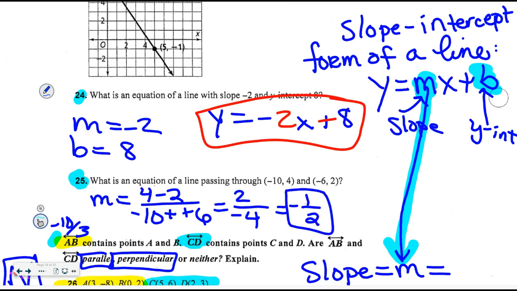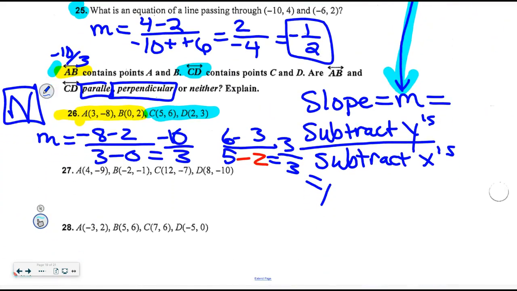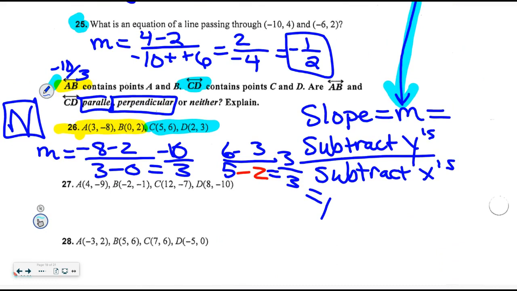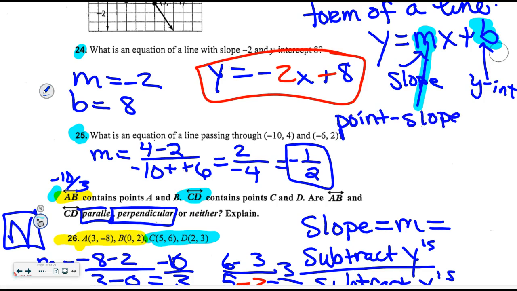This didn't say what form to put the line in. It just says what's an equation of the line, right? So for this one, I think I would use what you wrote on your note card for the y minus the y you're given is equal to. It's called point slope form. We already wrote it once on our note cards, but that's okay. Point slope form goes like this. Y minus the y you were given.